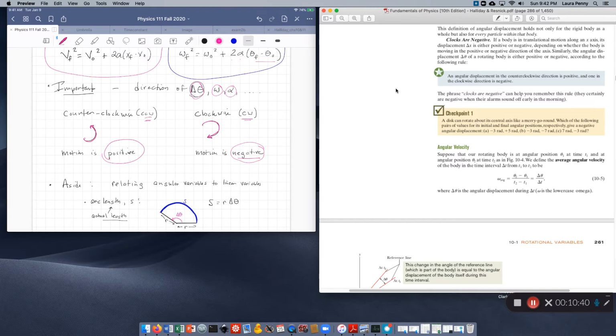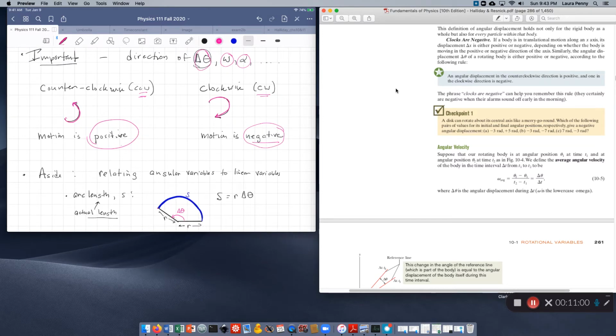All right, a brief aside here, which is relating angular variables like delta theta and omega and alpha to actual lengths in linear variables. So say you had something that moved, like our fan blade, from some initial location here to some final theta there, and I wanted to know how far the end point moved. It moved all the way along this arc.